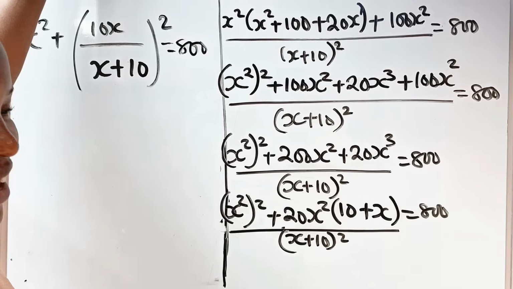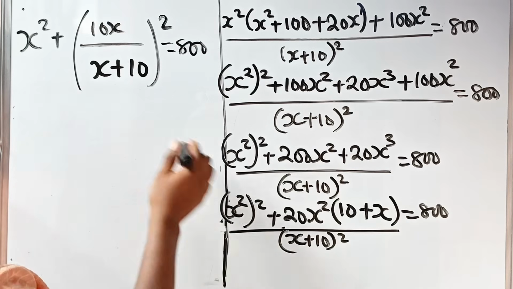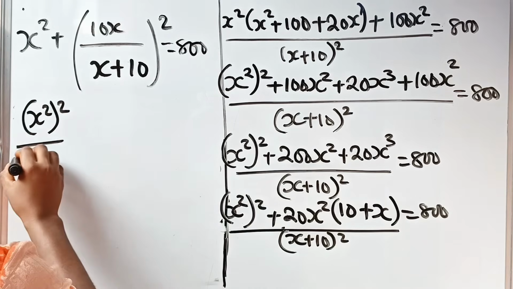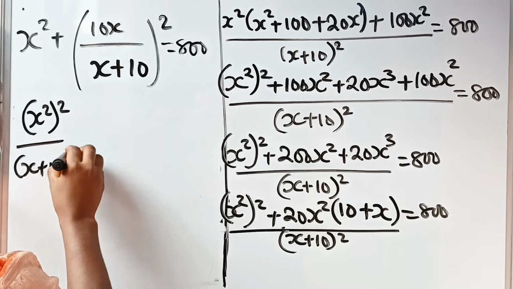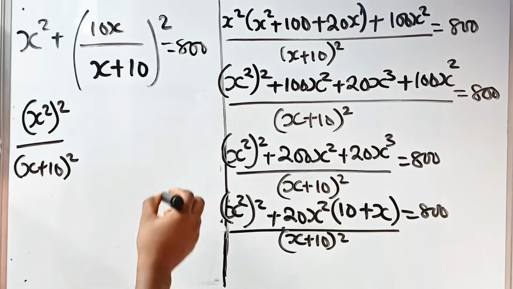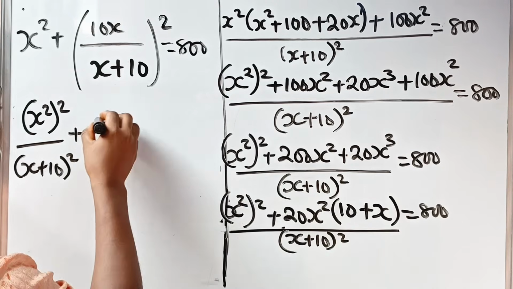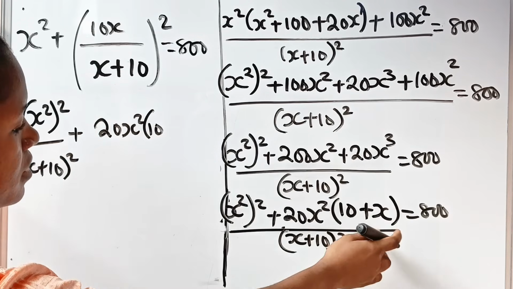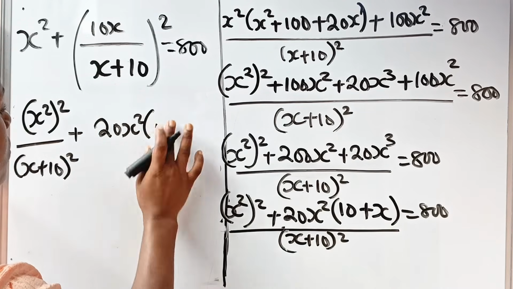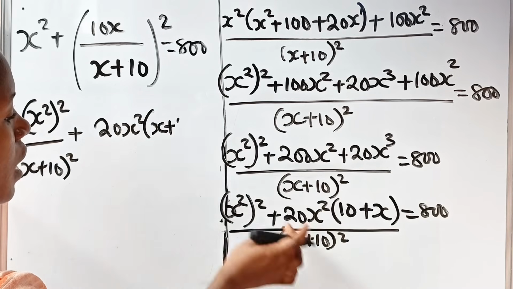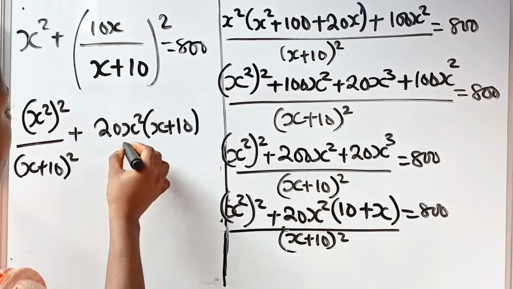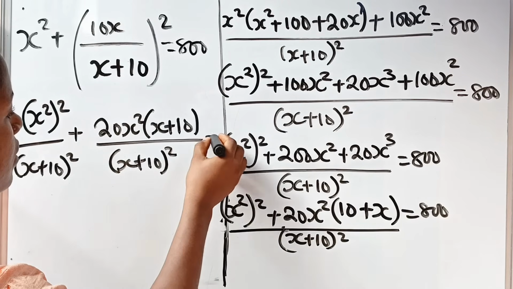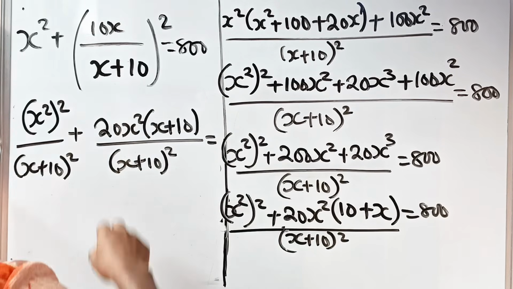If we do that, we will have x squared raised to the power of 2 divided by x plus 10 squared, plus this 20x squared multiplied by 10 plus x, which is the same thing as x plus 10, sorry, divided by x plus 10 squared. And this is equal to 800.